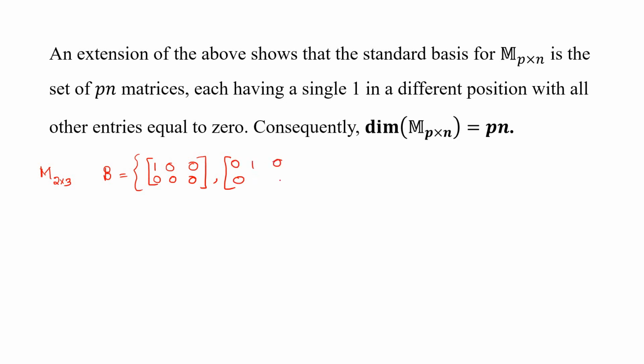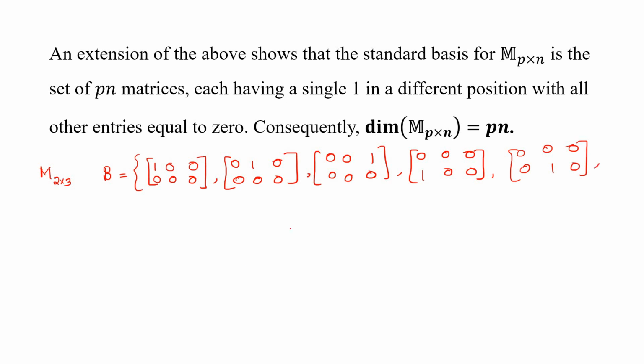Next [0 1 0; 0 0 0], then [0 0 1; 0 0 0], [0 0 0; 1 0 0], [0 0 0; 0 1 0], and [0 0 0; 0 0 1]. This is a basis for M2 by 3. You can easily prove it as we have already proved in the other cases. So this is a basis for M2 by 3, and how many elements are there? 1, 2, 3, 4, 5 and 6 elements. So the dimension of M2 by 3 is 6. In general, the dimension of M P by N is P into N.